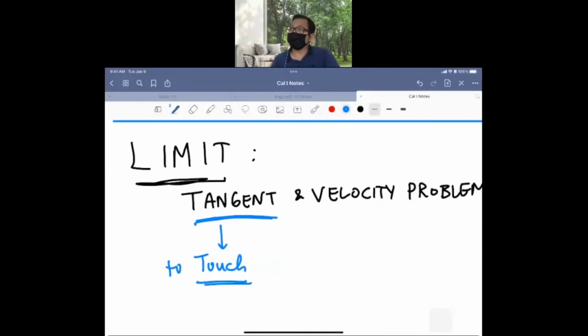So in math, what kind of touch is meaningful? Of course, if we talk about math, we talk about precision. We need to know exactly where the touch will be. The way we know is if we have a graph, and of course, if we draw a graph, we have some rectangular coordinates.